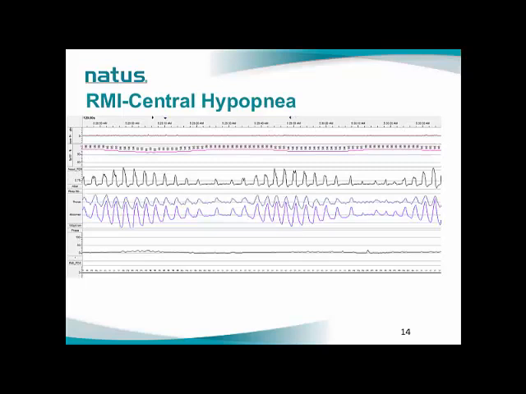In this slide, we have the snore channel, SpO2, nasal pressure, thoracoabdominal traces, phase, and RMI. Looking at the nasal pressure, it's evident that there are hypopneas. Thoracoabdominal effort shows a synchronized breathing pattern.